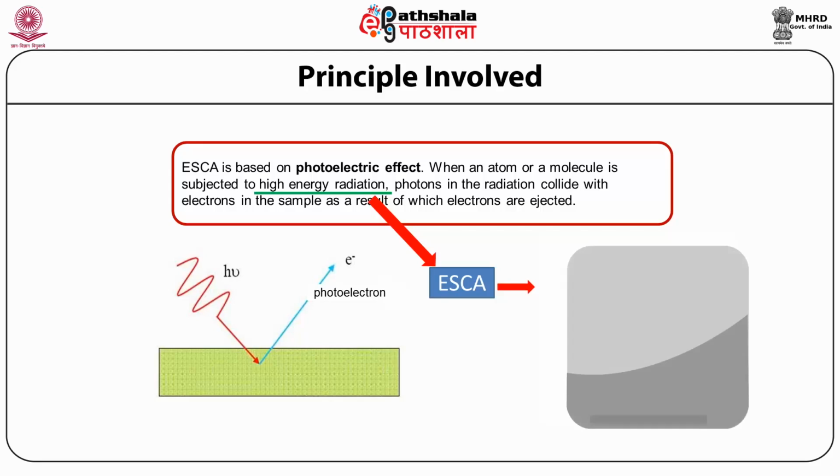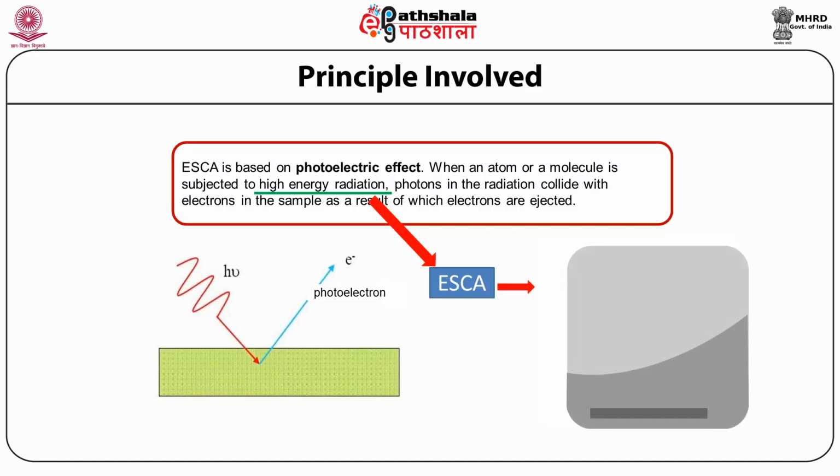The binding of the electrons with the surface atoms varies from one atom to another atom, and depending upon how much energy is required to eject the electron out, one can analyze the nature of the atom which was involved.